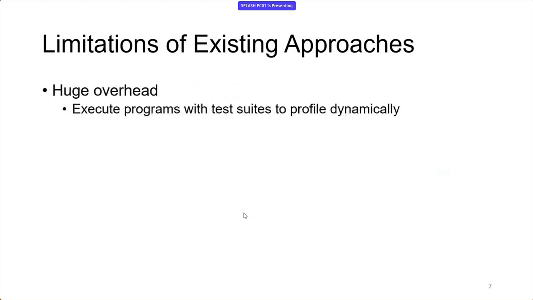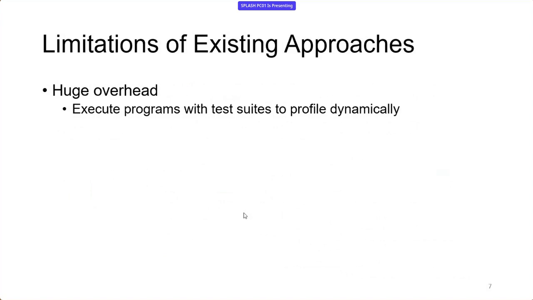However, these approaches are not sufficient to solve this problem thoroughly because of three drawbacks. The first one is a huge overhead. As you can see, these approaches have to execute the program multiple times with some test cases, and especially for the first line of work, they have to mutate the program multiple times.